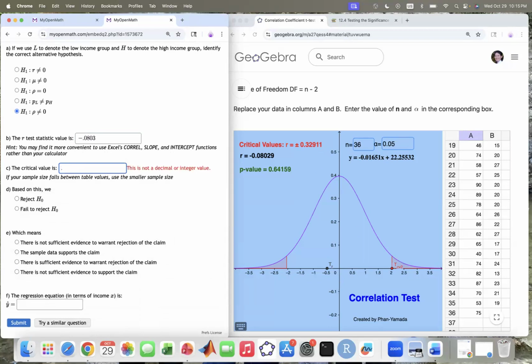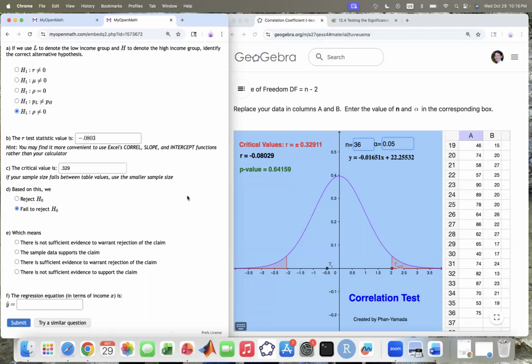Then back before, you have the p-value of 0.6, which is bigger than alpha, 0.05. Therefore, you fail to reject H0.